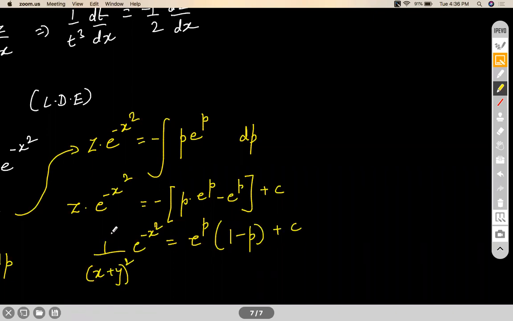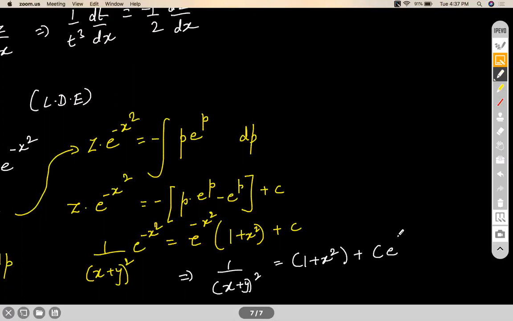And what was p, by the way? p was minus x square, negative x square. Yes. So let me replace that. Okay. If you want, you may divide throughout with e to the power minus x square and write this result also like this. That all depends upon the option provided to you in your option list. So according to the options, you have to make these fine tunings in your final result.